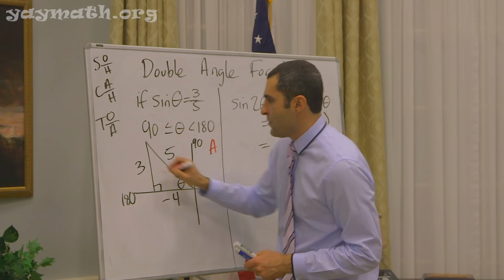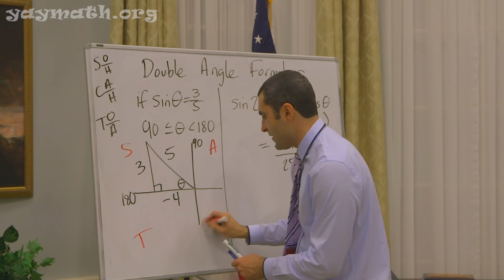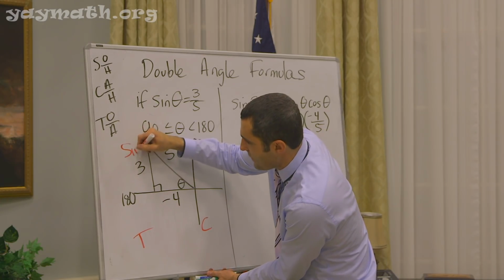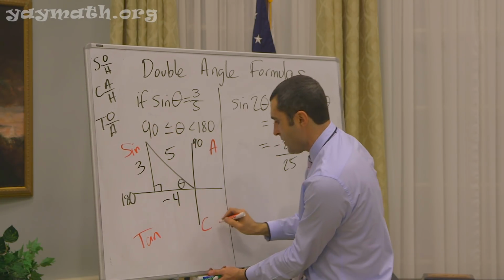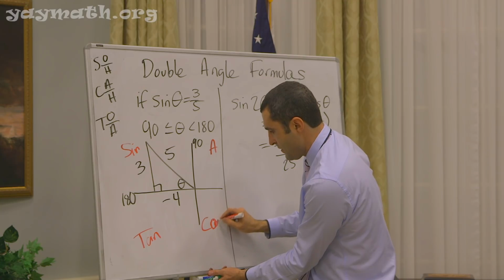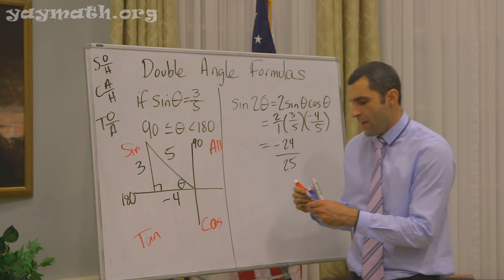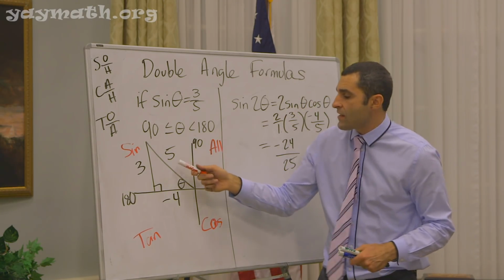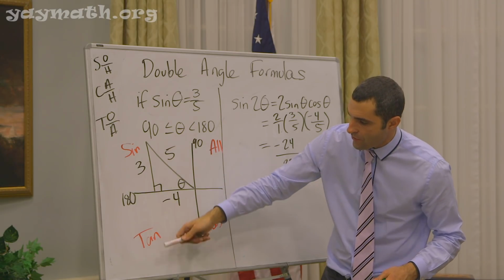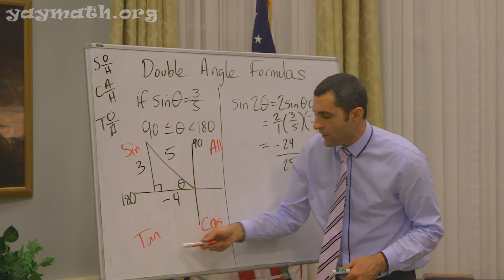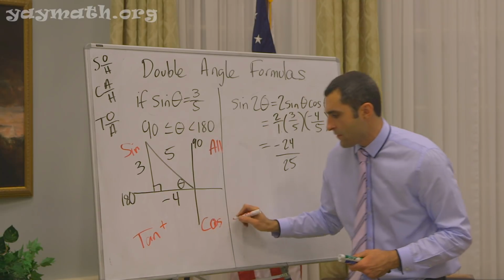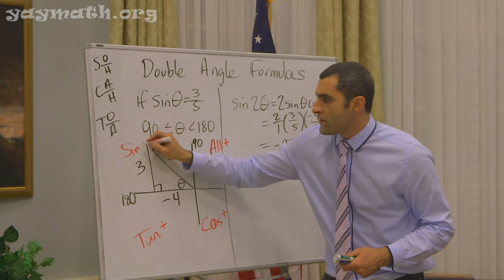All Students Take Calculus: sine is positive here, tangent is positive here, cosine is positive here, and all trig functions are positive there. So it makes sense that for sine of double the angle, you end up in quadrant 3, where sine is negative.